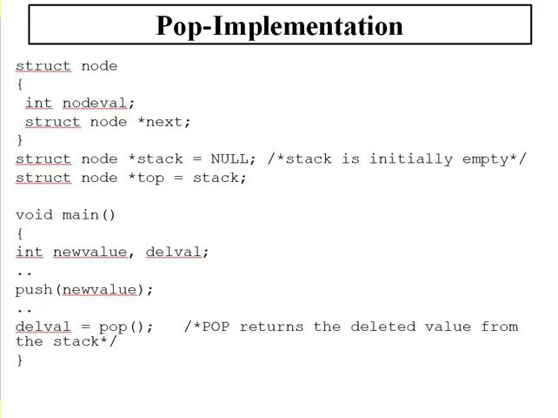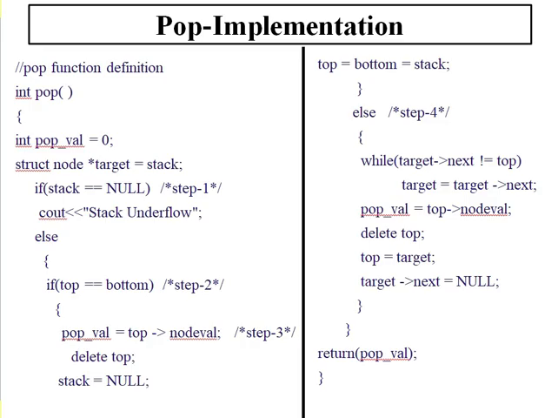So here, once we have defined the structure, we initialize the stack and top to point to the null value. Then in the main function we can call the push and pop functions. Since here we are implementing the pop operation, we do it based on the specified steps of the algorithm.